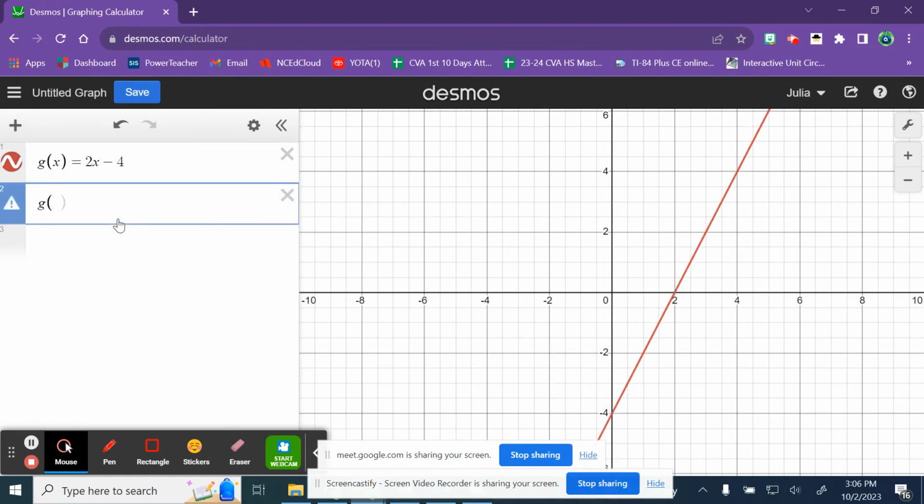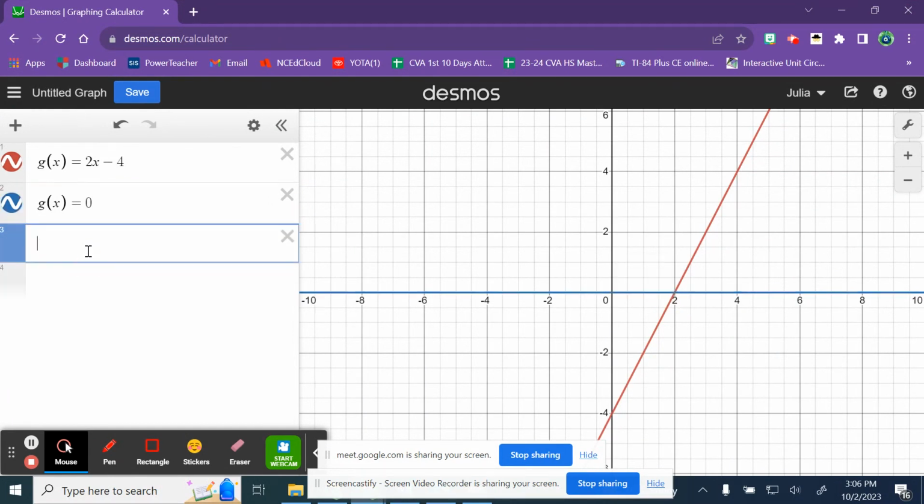If I want g of x equal to 0, I don't think it'll do it this way. I'm sorry, I told you negative 4. I'm making stuff up. If you type in what you're looking for, g of x equals 0, and you look for your intersection, your answer is 2.